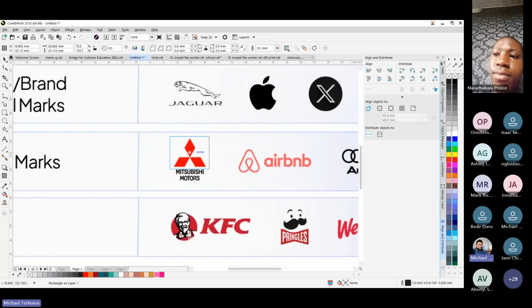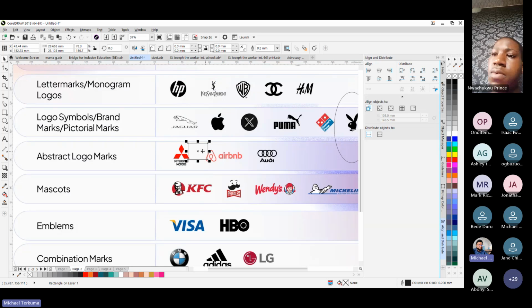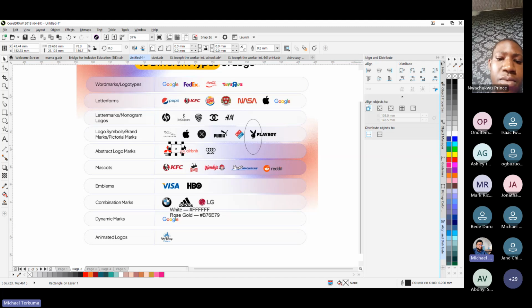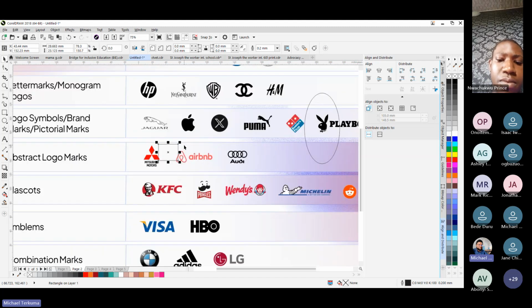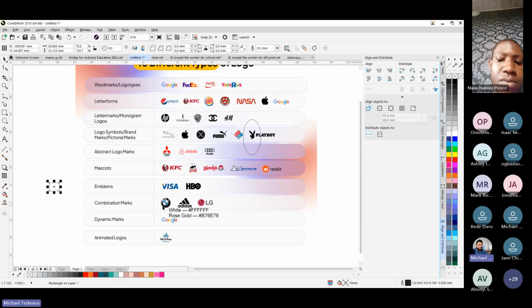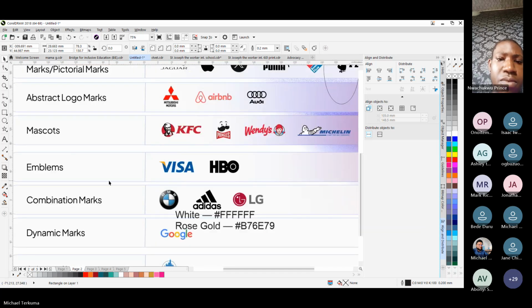They can represent it this way, or both are still identified as the brand. The same thing with Airbnb. These are abstract logos, so it depends on what your clients ask you to give them.